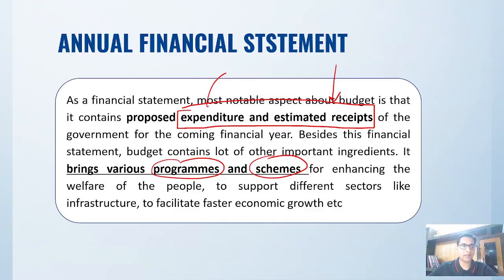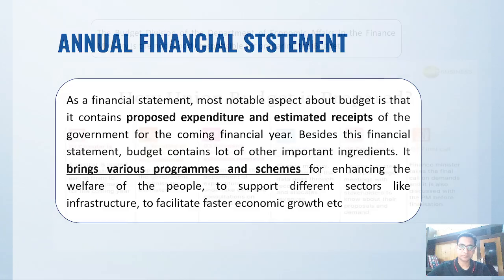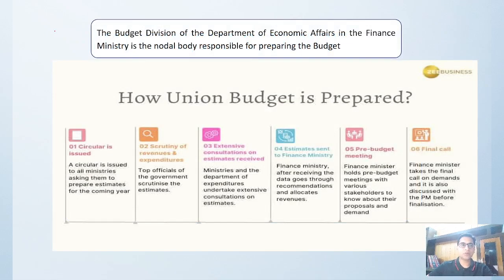All things you have to tell in that budget or annual financial statement, right? Now, this is how the whole process works. It is a total of a 6 to 7 month process of budget creation. It is not like on the 1st of February somebody comes and starts giving a speech.